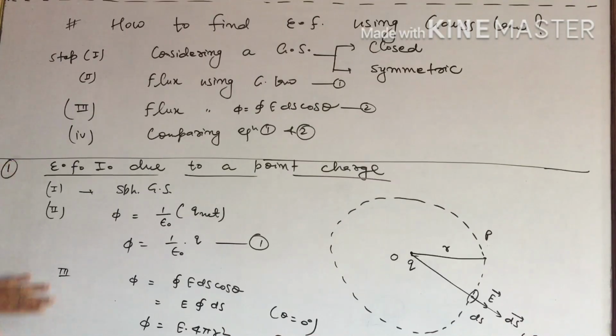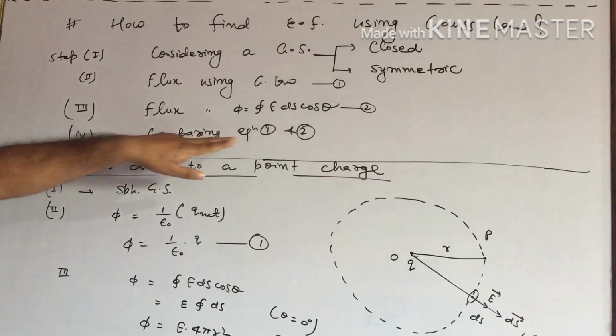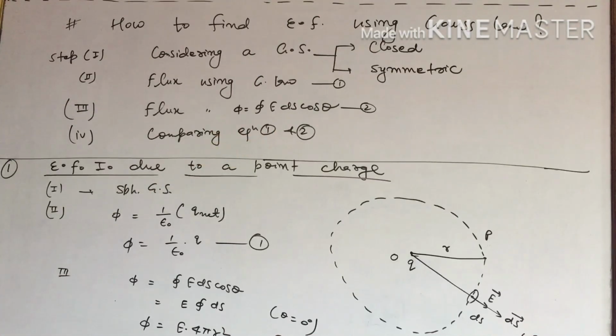Now what is the next step? We have to compare equation 1 and equation 2. So these are the equations we have. If I compare them, what do I get?